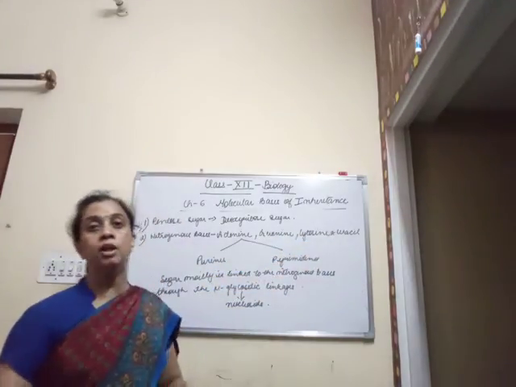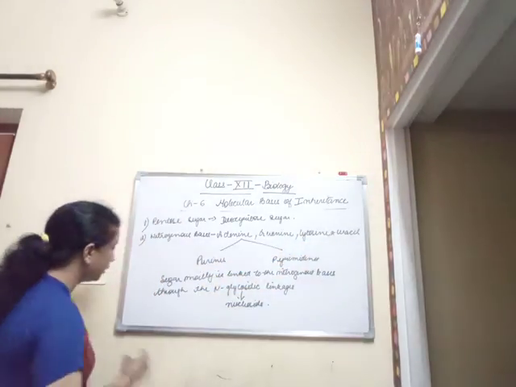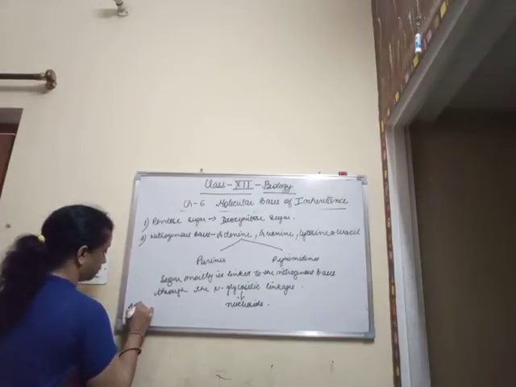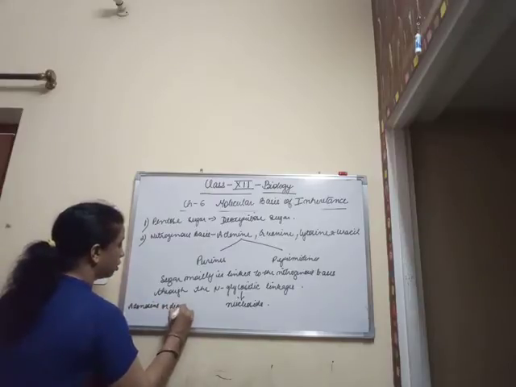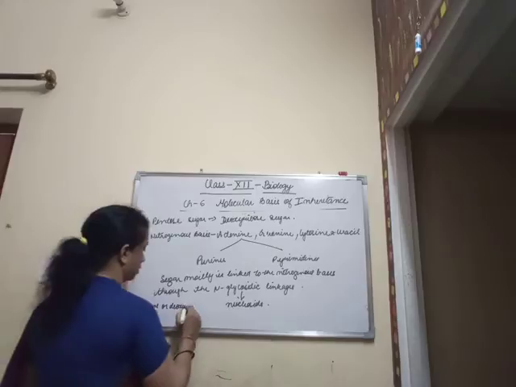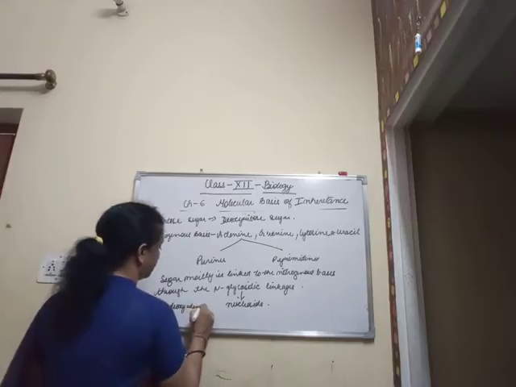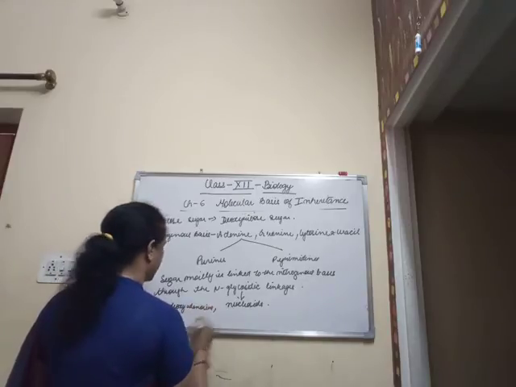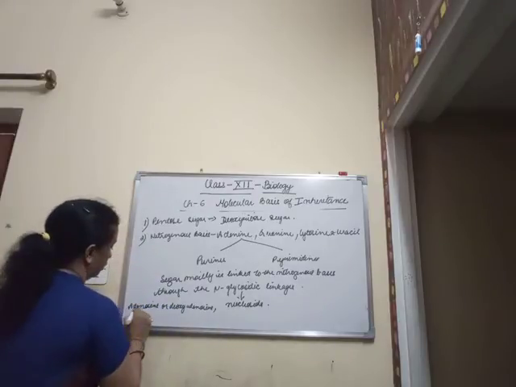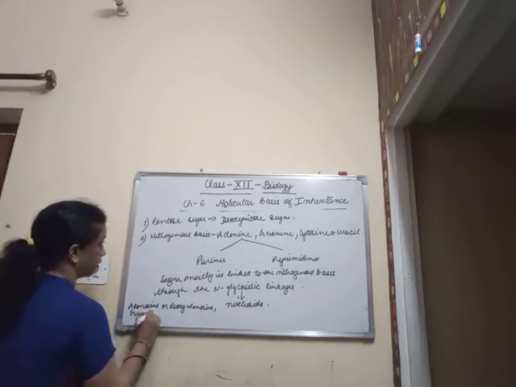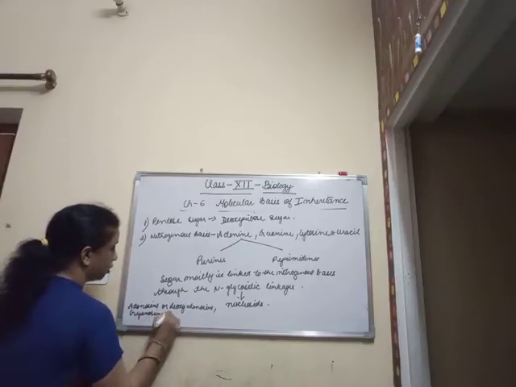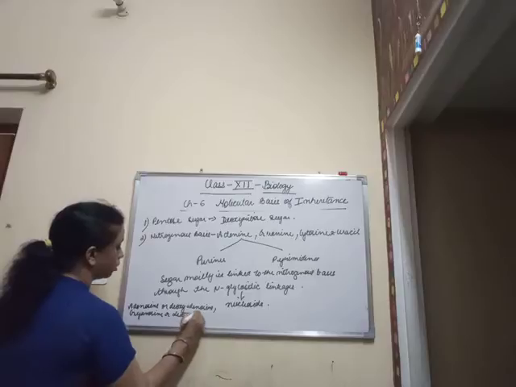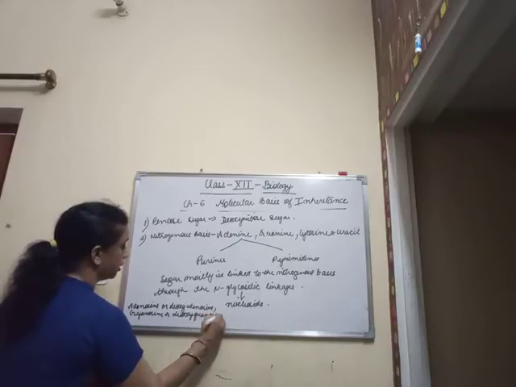Accordingly, four types of nucleosides will be formed, that is adenosine or deoxyadenosine. Next is guanosine, not guanine, it is guanosine, or deoxyguanosine.